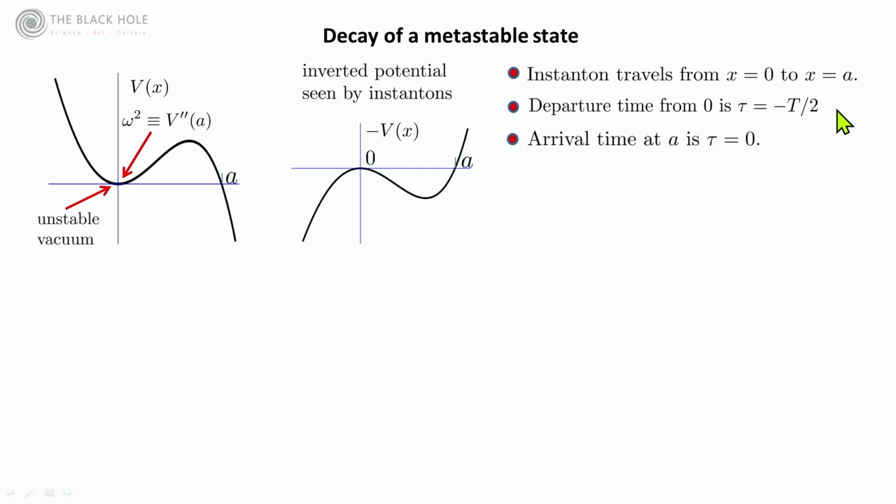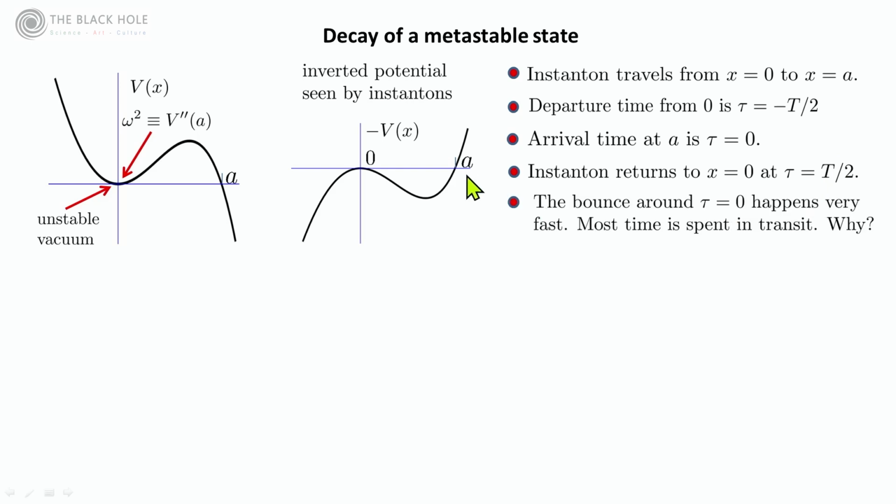It arrives at this point A at time tau equal to 0, and it then goes back to 0 at time tau equal to t by 2. Remember that at the end, we're going to take this t to go to infinity.